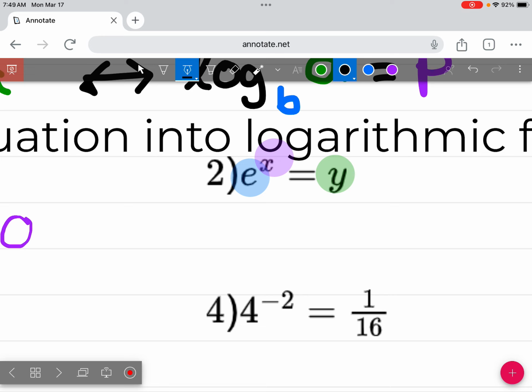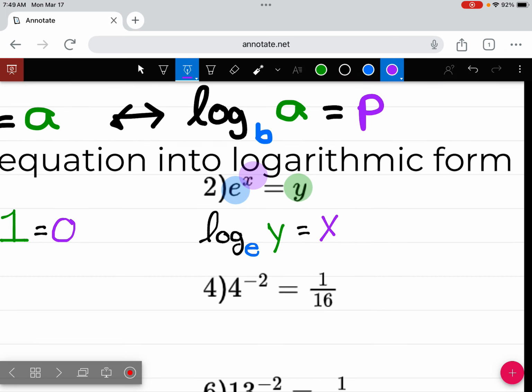So when we write this, I'm going to just write it out the normal way, where we have our log with base E of our argument, y, equals that power, x, which is 100% a valid way to write it.